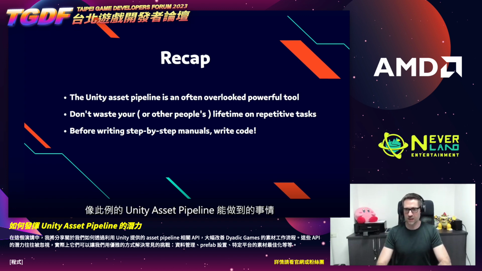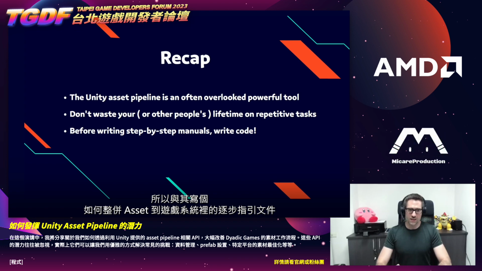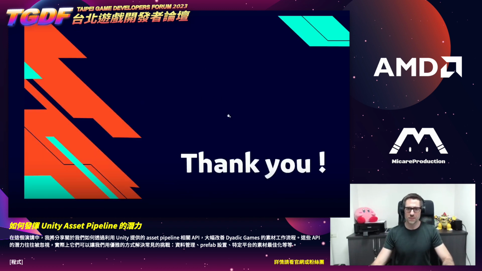In this case, the Unity asset pipeline. So before writing step-by-step manuals on how to integrate your assets into your game, write code for the Unity asset pipeline. Thank you very much.